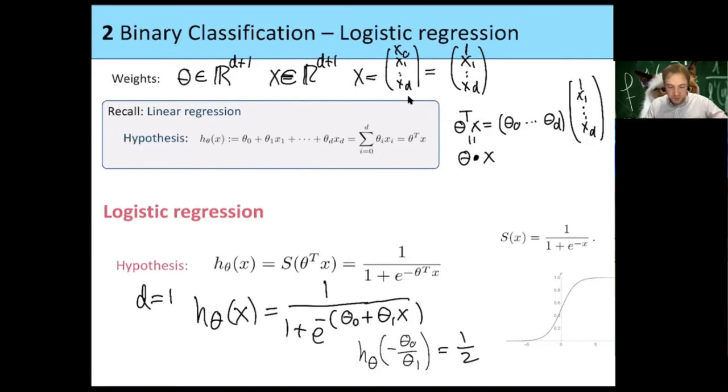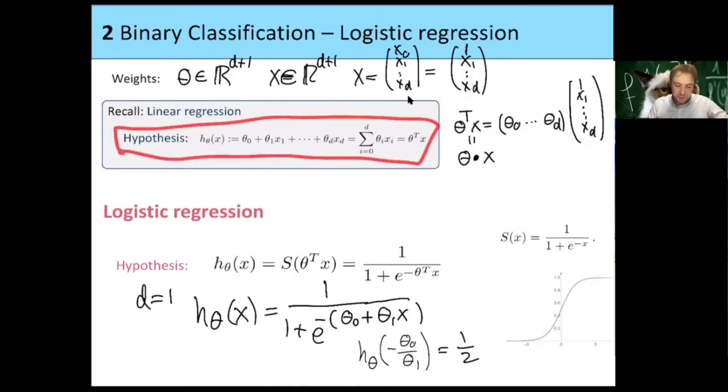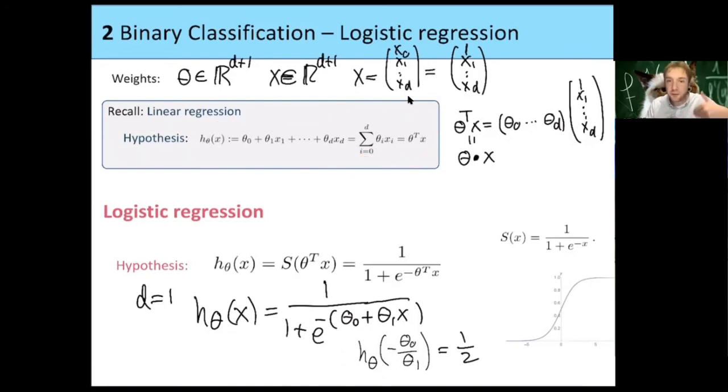So the next thing we did in the linear regression case was to define the cost function, because at this point we ask ourselves, how do we decide if the parameters or the weights thetas are good or bad? And then we defined this function J, which was given by the sum over all training examples of the difference of the hypothesis at some training feature minus the training label, and then took the square.